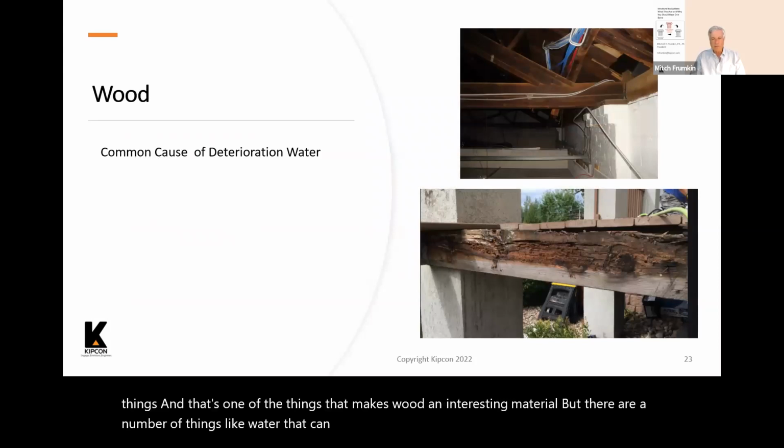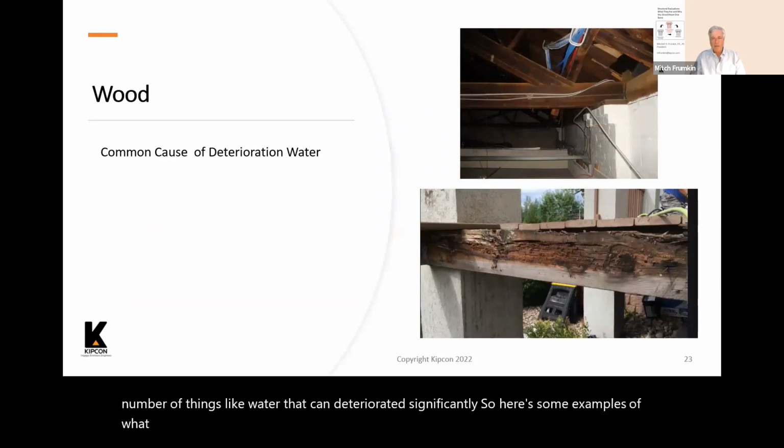So here are some examples of what wood looks like. The bottom picture shows what happens when wood gets wet, it deteriorates. Now clearly it loses its structural capacity when it starts rotting away, essentially.